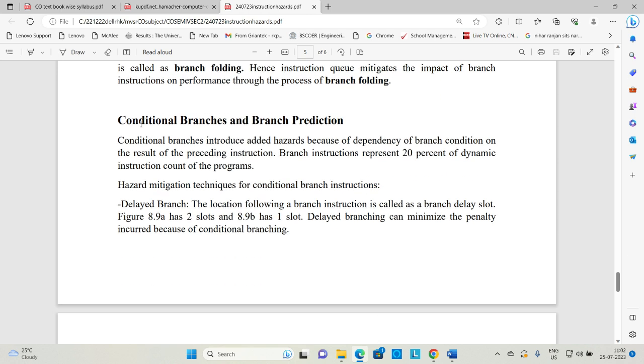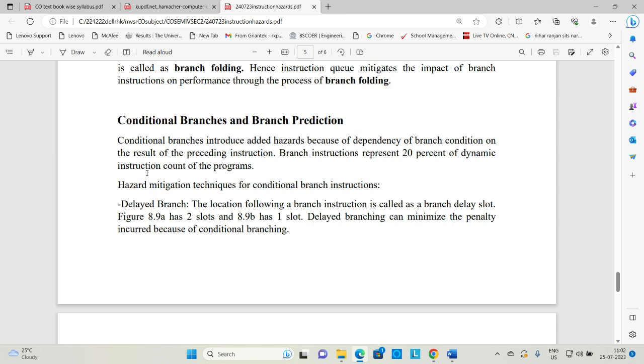Today's focus of discussion is conditional branches. We know that conditional branches also introduce hazards as there is a dependency of branch condition on the result of the preceding instruction. Branch instructions represent nearly 20% of dynamic instruction count of the programs.